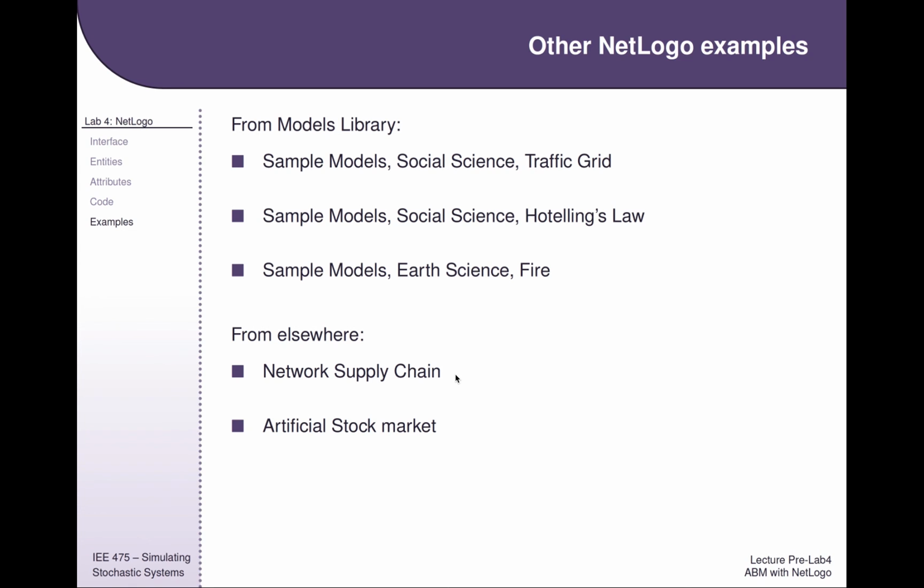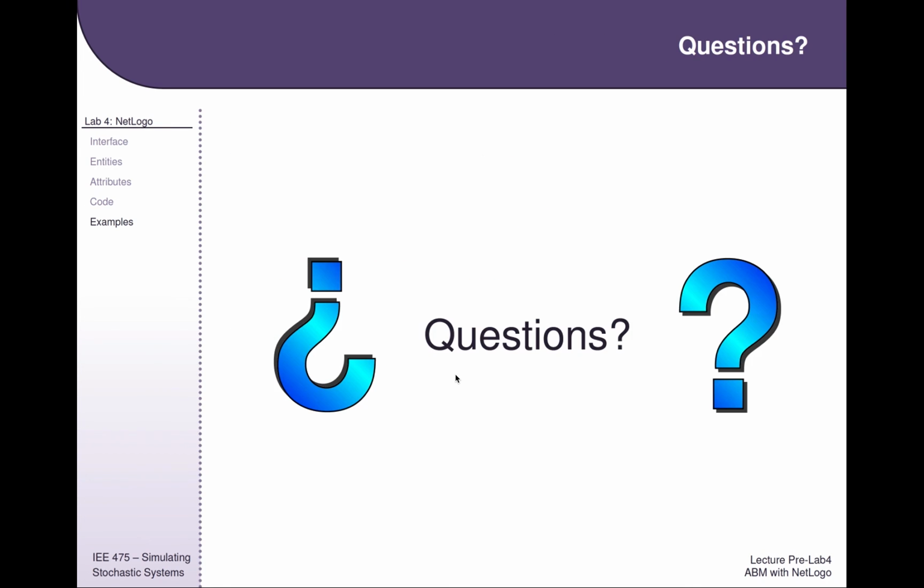Or an artificial stock market, where you can see a sim that generates trajectories that look very much like a stock market. So that's all I've got for you right now for this brief introduction to NetLogo. Hopefully that's enough to get you started, and I'll see you in class.